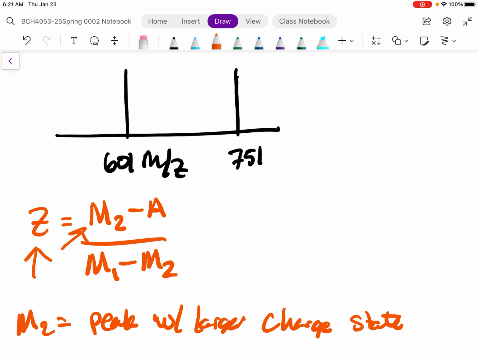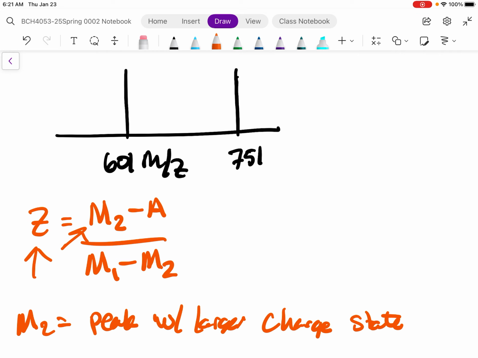How do you figure out which peak has the larger charge state? We don't know the charge, but based on looking at that x-axis, which one would have the larger charge state? The one on the left or the one on the right? The one to the left. And why do we know that? Because those two signals represent the same protein. So why does the one on the left have a smaller value?